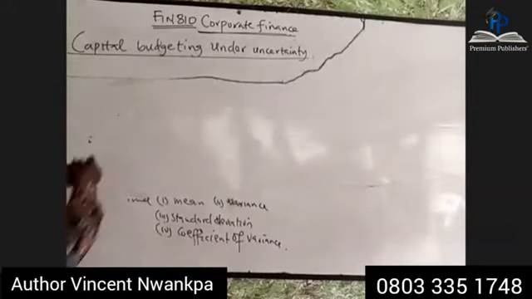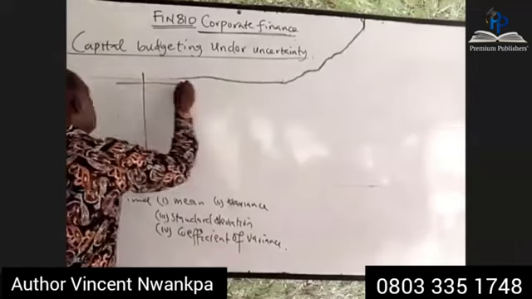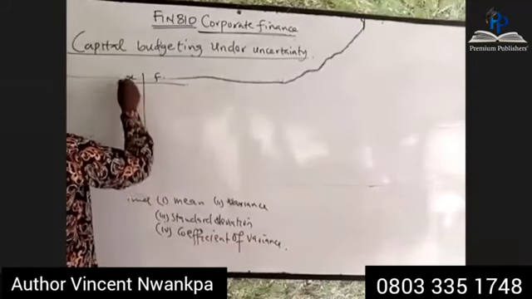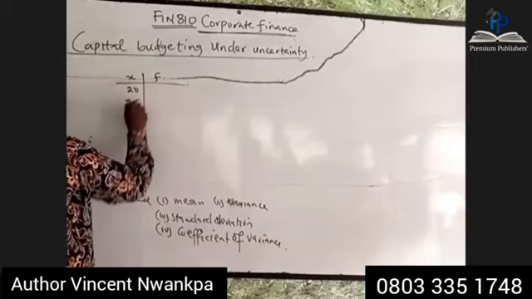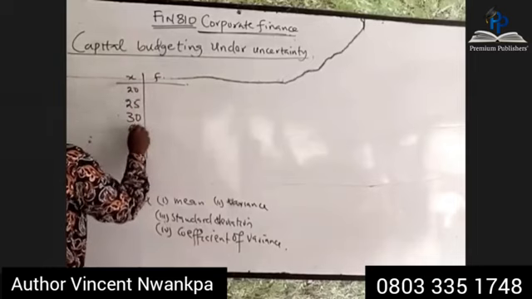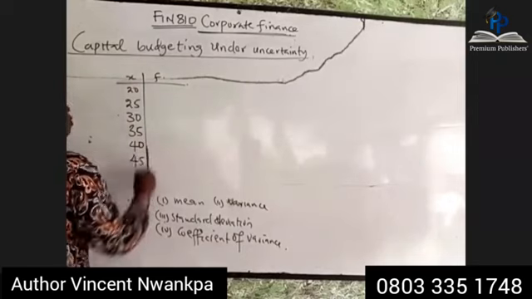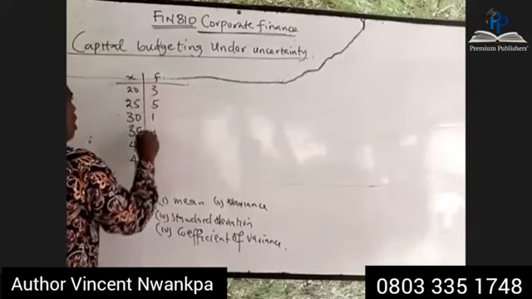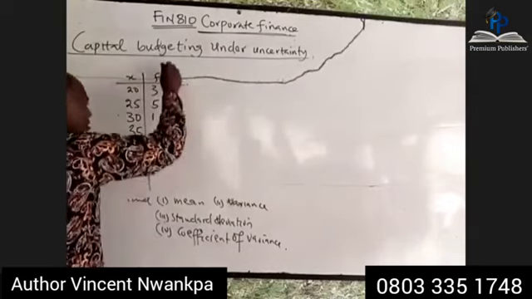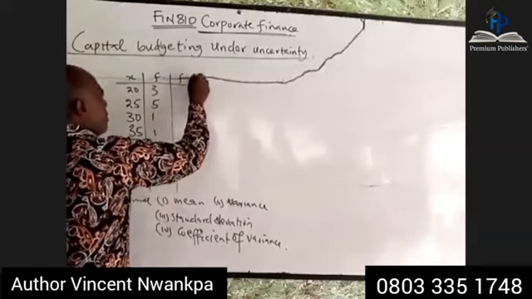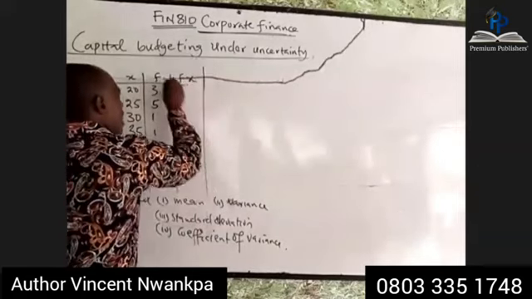So to look for the mean, these are the variable, these are the frequency. We have 20, 25, 30, 35, 40, and then 45. We have 3, 5, 1, 1, 2, 3. Am I correct? Good. So this is fx, F multiplied by x.